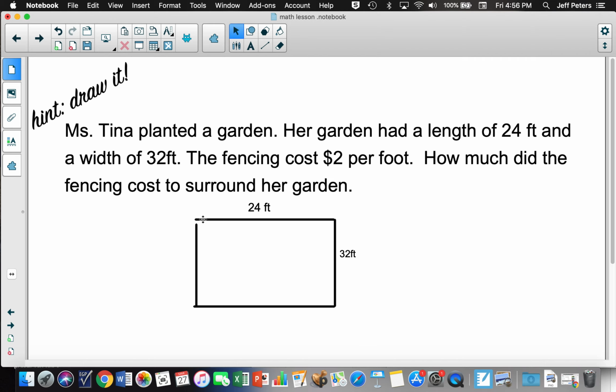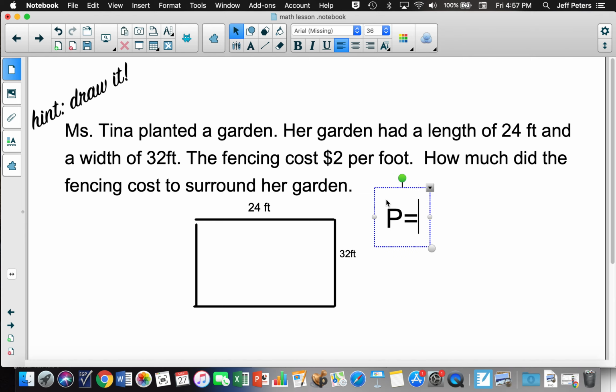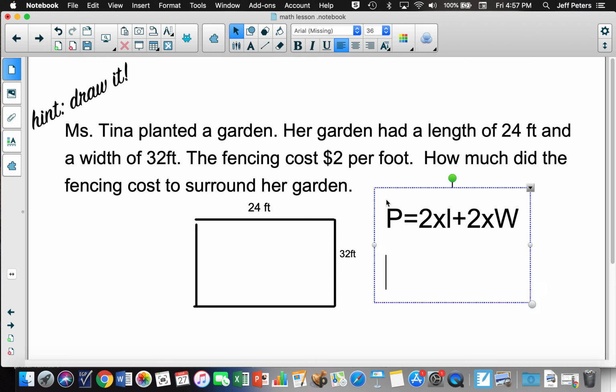So if we're talking about fence, we're talking about all of the segments around the outside of this figure. So we're going to be looking for perimeter. So remember, perimeter of a rectangle is 2 times the length plus 2 times the width, or we can add up all 4 sides, and that will also give us the perimeter.